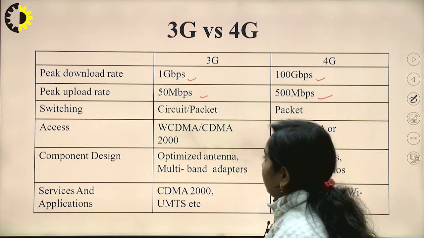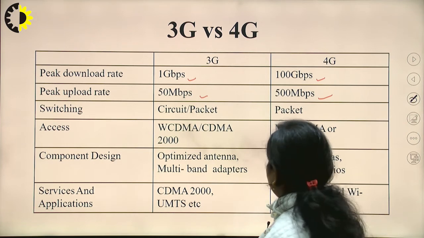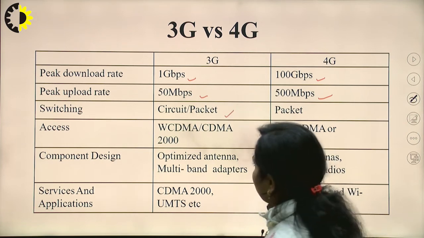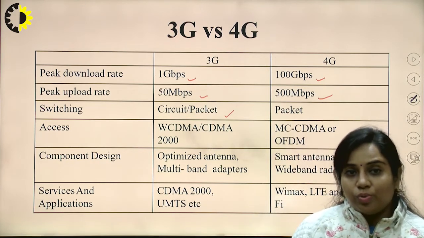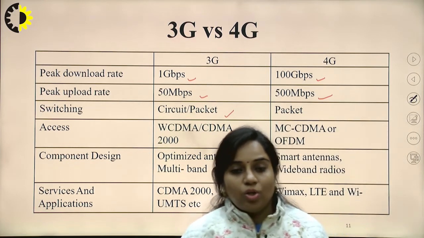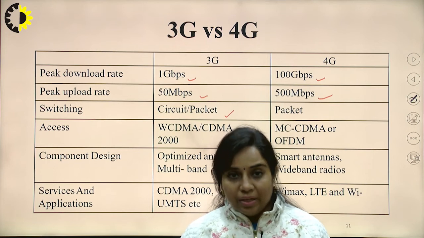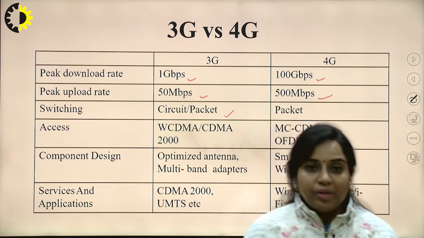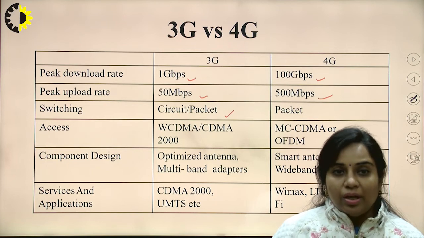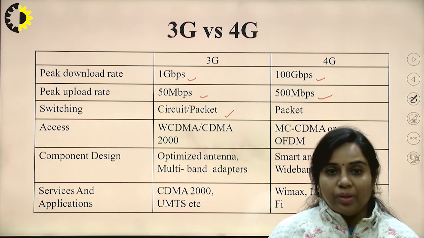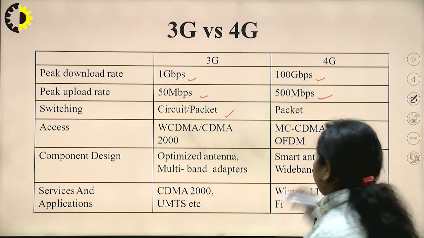Now switching here is either circuit switched or packet switched. What is circuit switched and packet switched? Whenever a network is connected, in circuit switching different nodes are connected permanently, which means a permanent connection is set up between different nodes, or it can be in packet form.